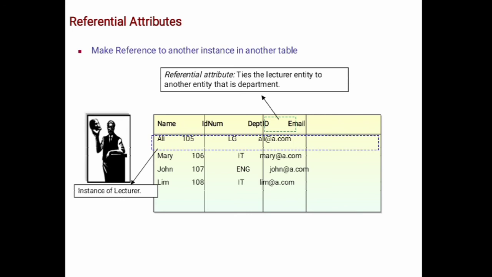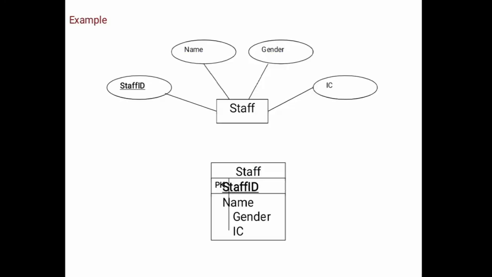Here we will see an example: department is a table we have already created, in which we include a department ID. Here we take lecturer as one more entity, which includes name, ID number, department ID and email. Here department ID comes from the department entity, hence DID is nothing but the referential attribute.